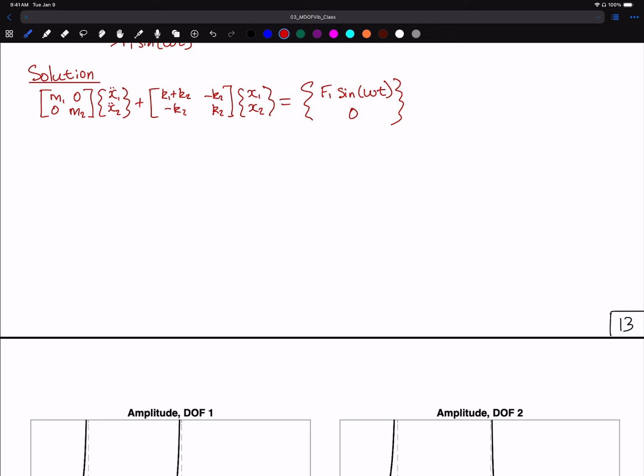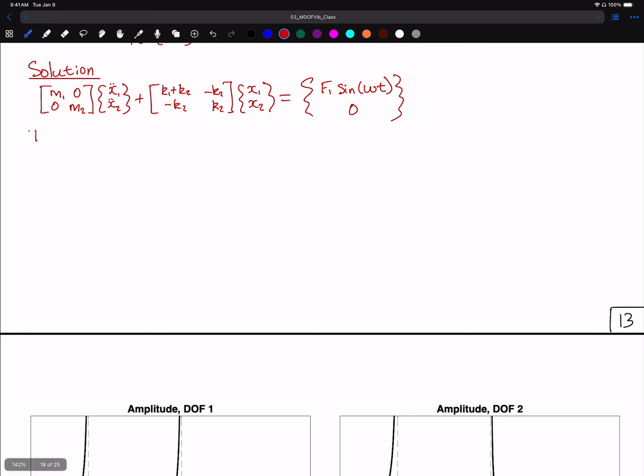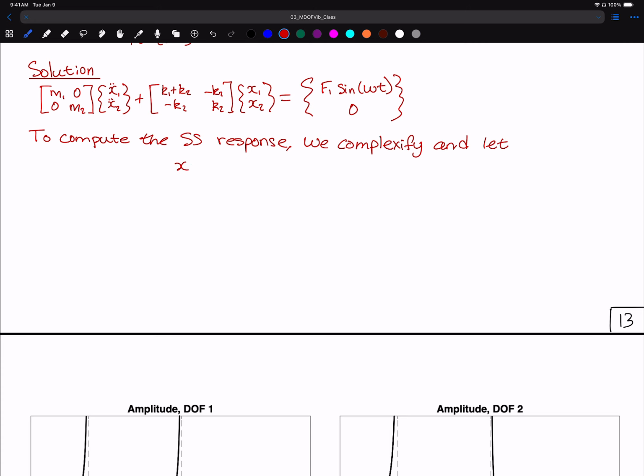All right, to compute the steady state response, we are going to complexify and then provide an ansatz for that steady state. So let's just say to compute the SS response, that's our steady state response, we complexify and let x of t be equal to big X times e to the j omega t.